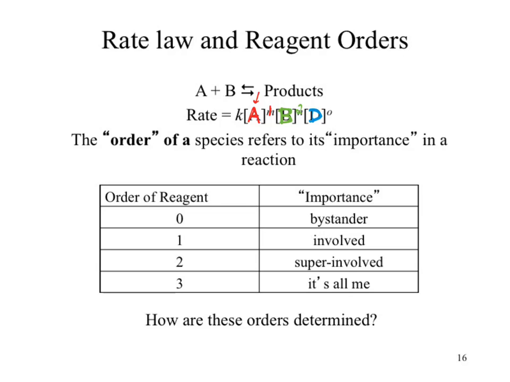You change the concentrations of all the species involved and you monitor the rate with each of those changes. Then you compare the rates to the changes, and you do calculations to figure out what the order is. Big, long, tedious process. We're not going to go through and do that, not even remotely, but you need to get some idea of where these things are coming from, and that's the origin.